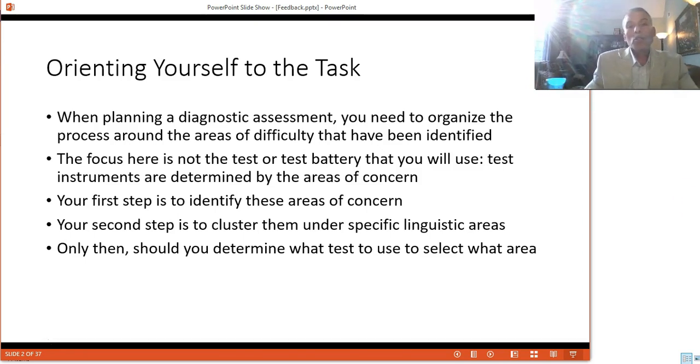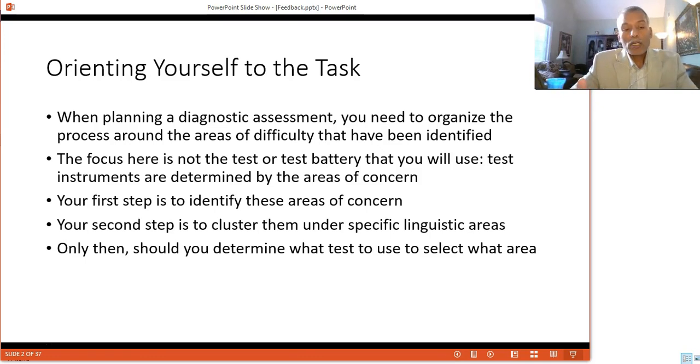So you begin with making a list of the concerns that the patient or the client or the teachers, parents, anyone who is involved as a team member, list all the concerns that they have. And you get this information from your case history, from your interviews, and all of this.